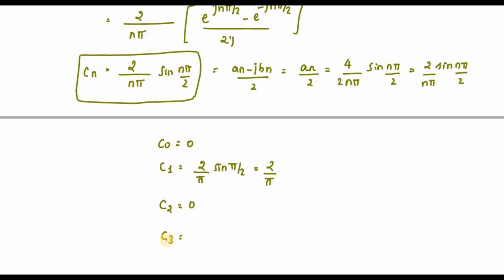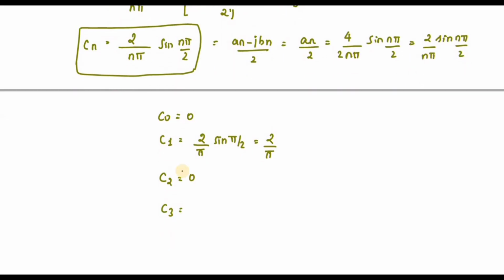C3 is 2 divided by 3 pi sine 3 pi divided by 2. So you substitute the value for 3 pi by 2. What is sine 270? Sine 270 is minus 1. So we'll get minus 2 divided by 3 pi.